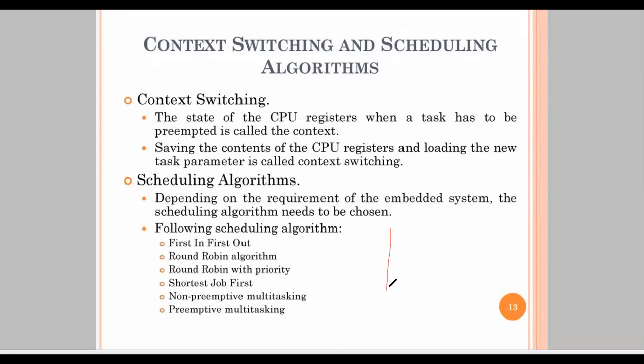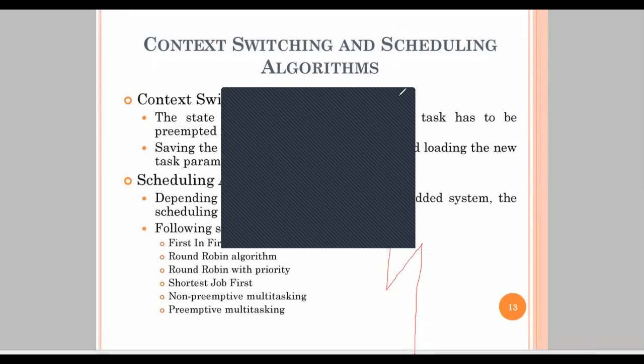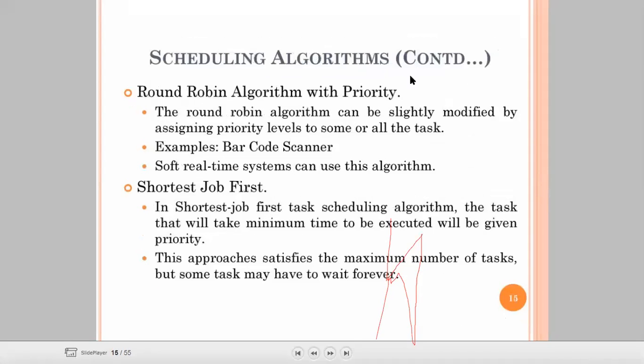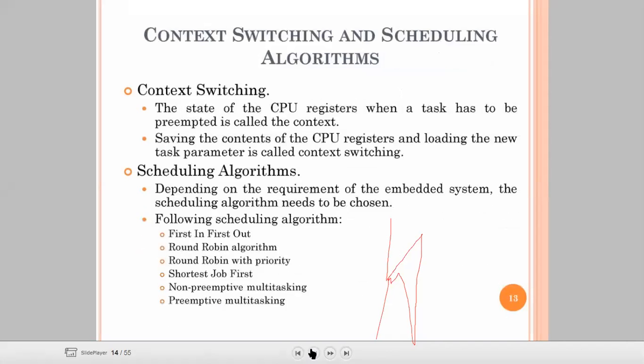It goes to the subroutine program, completes that program and returns the results, then goes again to the main program and continues that program. That is called context switching.